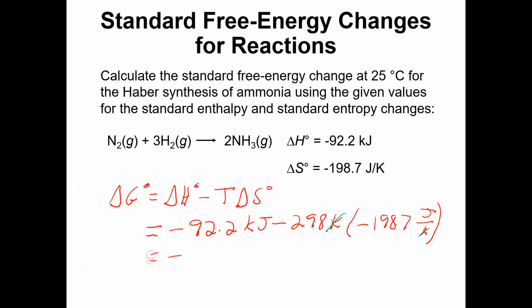So we can simplify the end of this: negative 92.2 kilojoules minus 298 times negative 198.7. A negative times a negative is going to be a positive. If we multiply those two together, we get 59,213 joules, but we want to convert that to kilojoules.